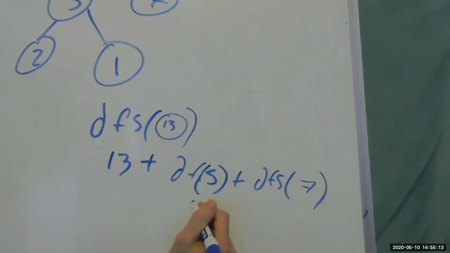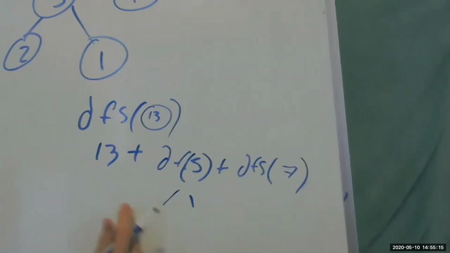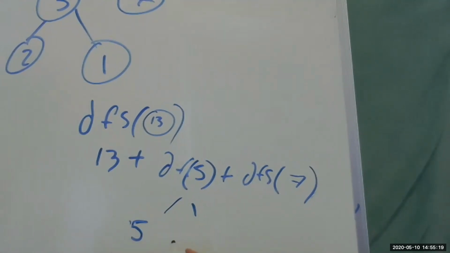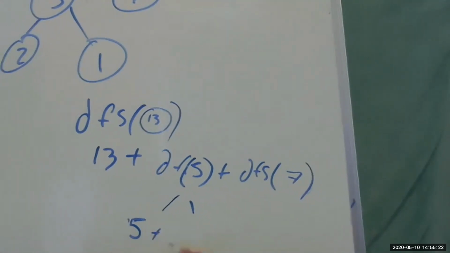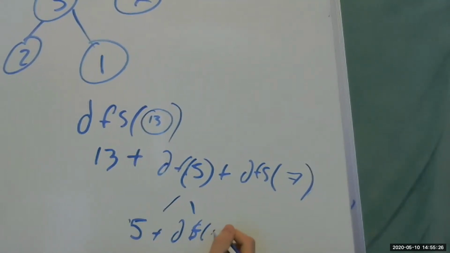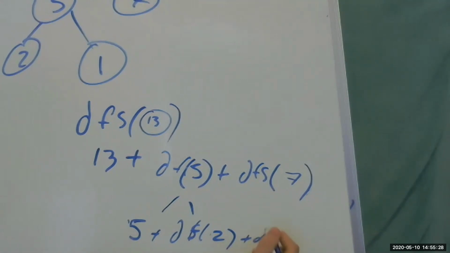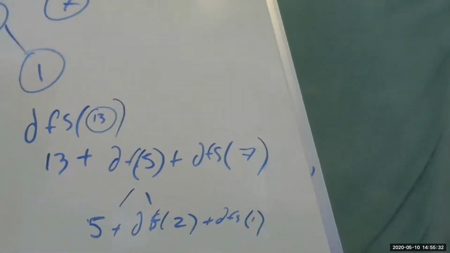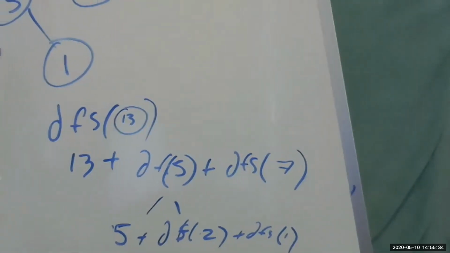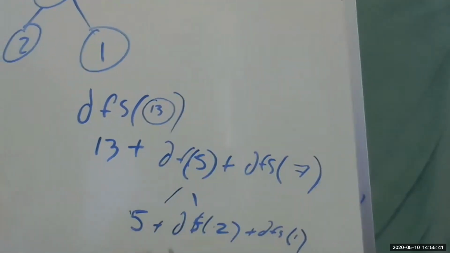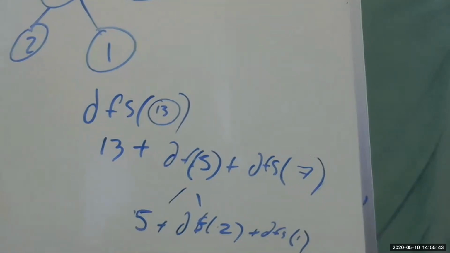It says it's going to return 5, our current node's value, plus whatever it gets from its left side, DFS on 2, plus DFS on 1. We still haven't done this side yet, and that's fine, because once we've made this call, we have to go down this call.